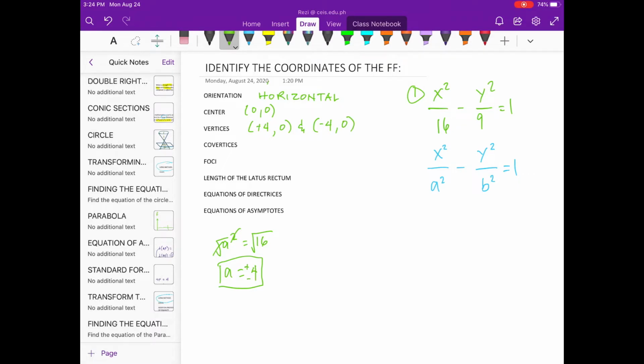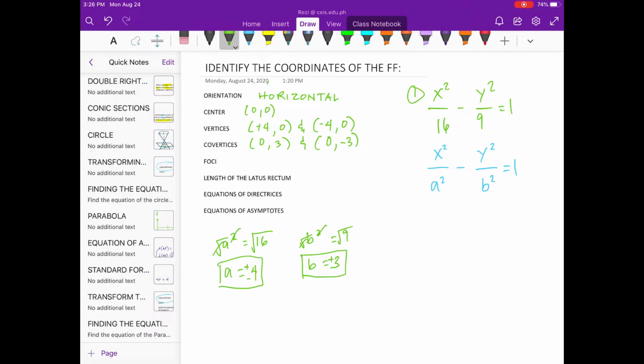For the co-vertices, we need to get the value of b squared. So b is along the y-axis, so we have (0, 3) and (0, -3).